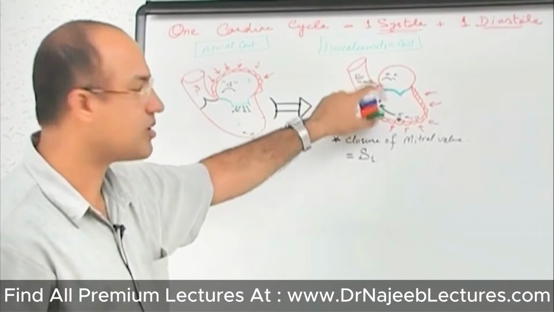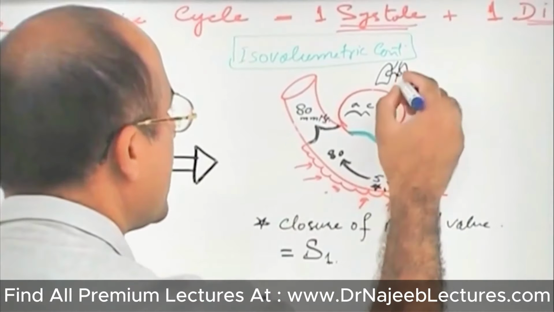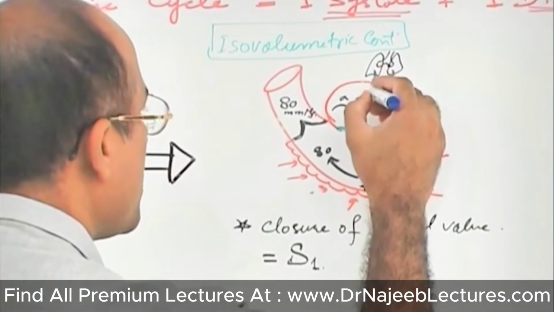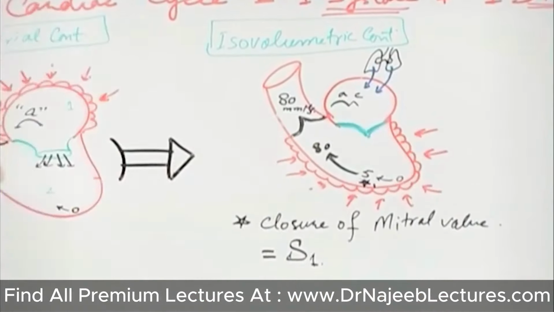After that, what really happens? Here are your lungs. The venous blood from the lungs is coming to where? To the atrium. But because the ventricle is contracting, it keeps the mitral valve closed.